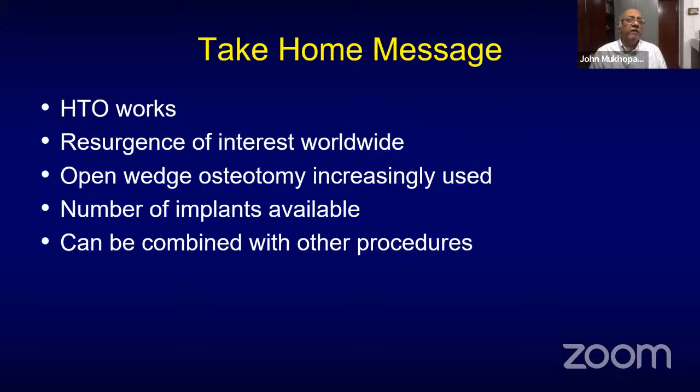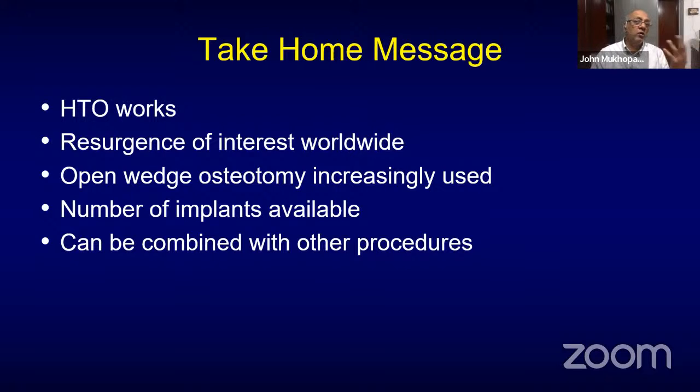Today, we have a number of implants. The locking implants have definitely increased the stability of your fixation, and therefore this allows you to do these corrections without having to use bone graft. And we've done corrections up to 19, 20 degrees without using bone graft. Okay. And the other advantage is you can combine it with other procedures. So you can do a ligamentous reconstruction along with an osteotomy.